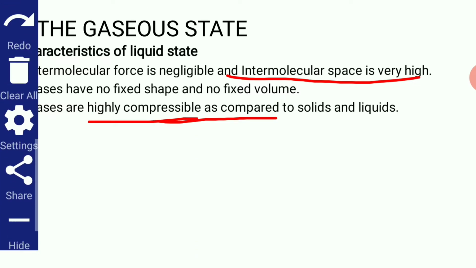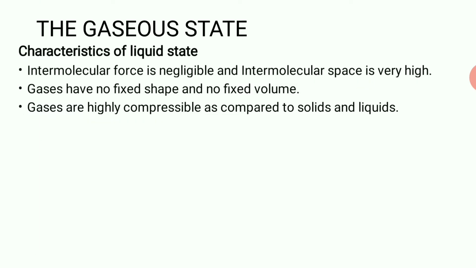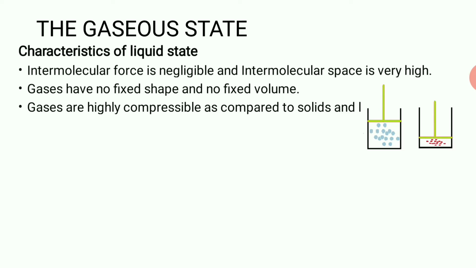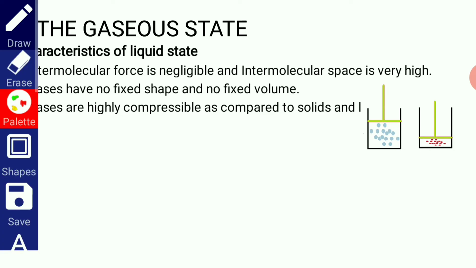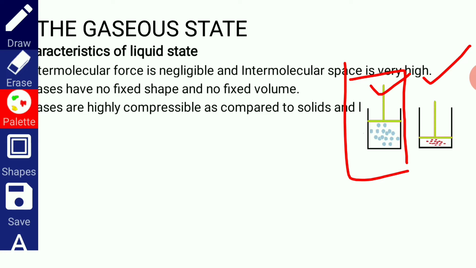Compressibility means, if we are taking the gas in a container, as you can see on the screen, the gaseous particles are away from each other, and if we apply pressure using a piston, if we move the piston inside, in the next diagram you can see all the gas particles are close to each other.